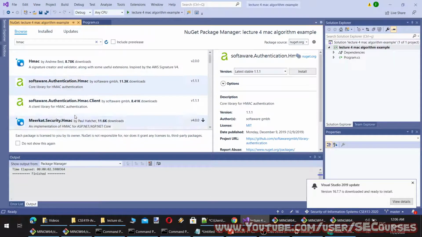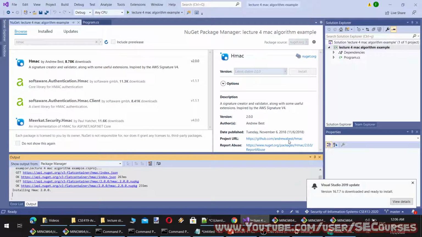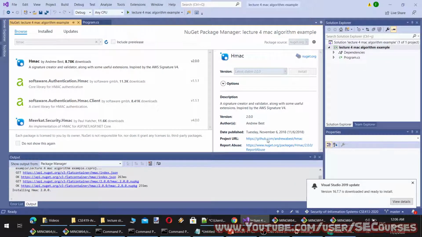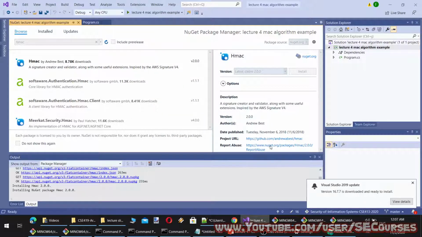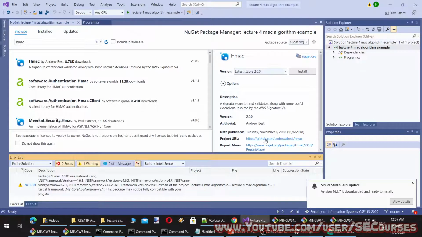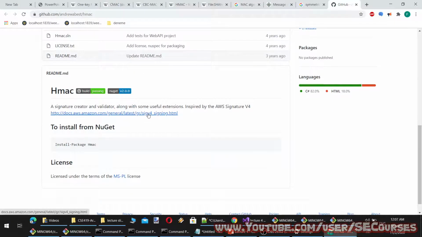I'm going to test this HMAC. Okay, it installs a lot of things, let's accept them. Let's open the GitHub repository of the library so we can see some examples perhaps.